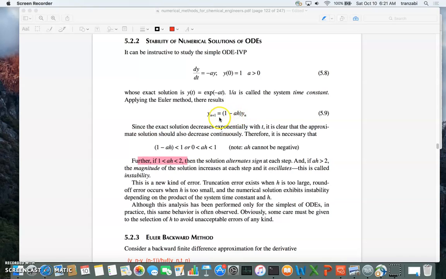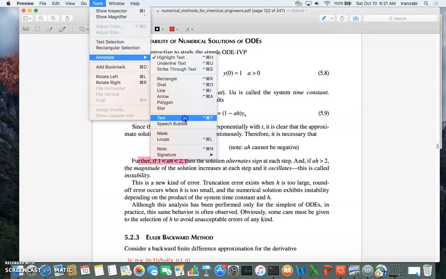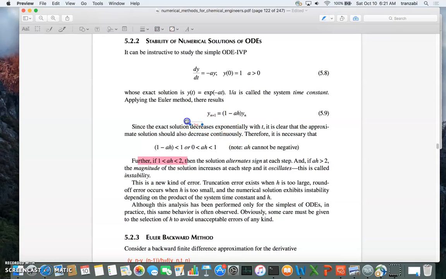That gives us a condition that the magnitude of 1 minus AH should be less than 1. Okay, so the condition would be the absolute value of 1 minus A times H should be less than 1, because if it's bigger than 1, every time we multiply yn by a number bigger than 1, then yn plus 1 would be bigger than yn.